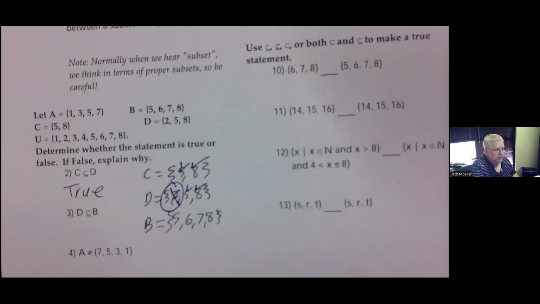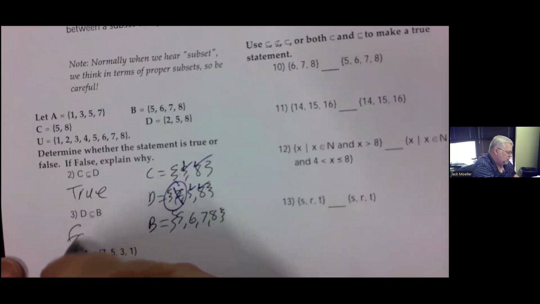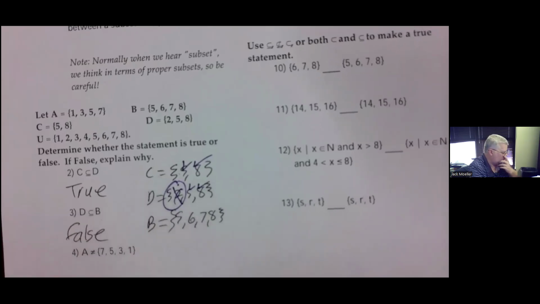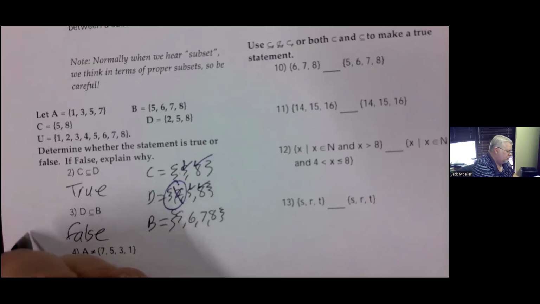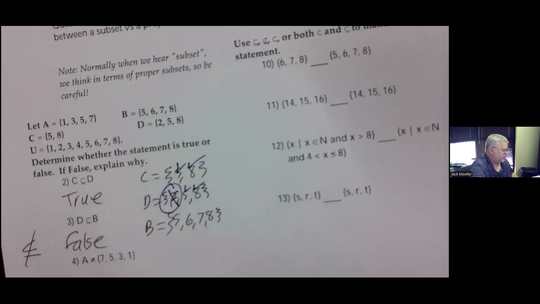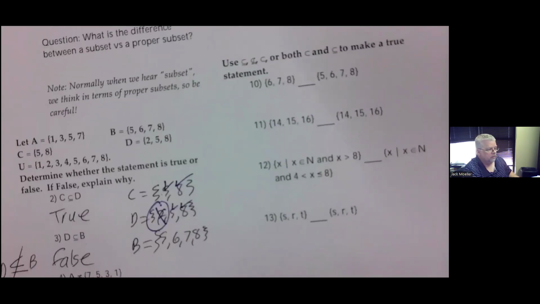But since 2 is not in B, this is false. If we wanted to use symbols, that's our subset symbol, and if we put a slash through it, we could say D is not a subset of B. So we might use that notation with the slash through it as well.